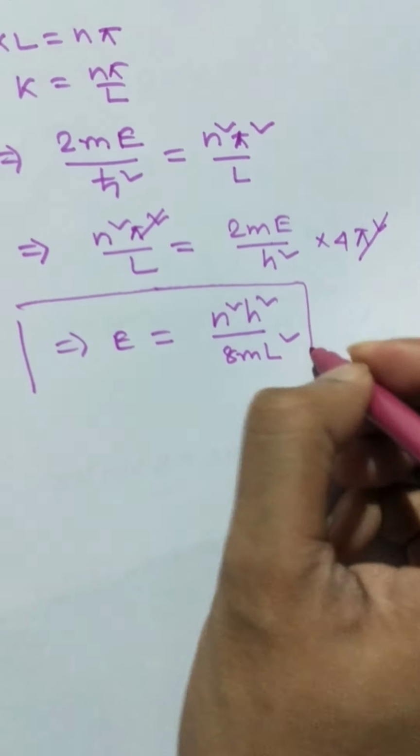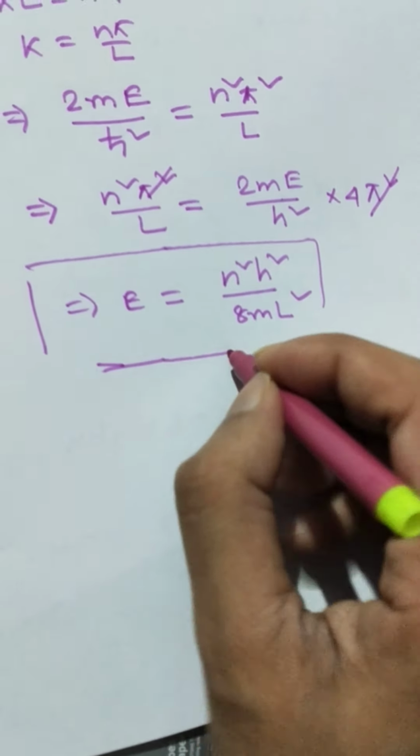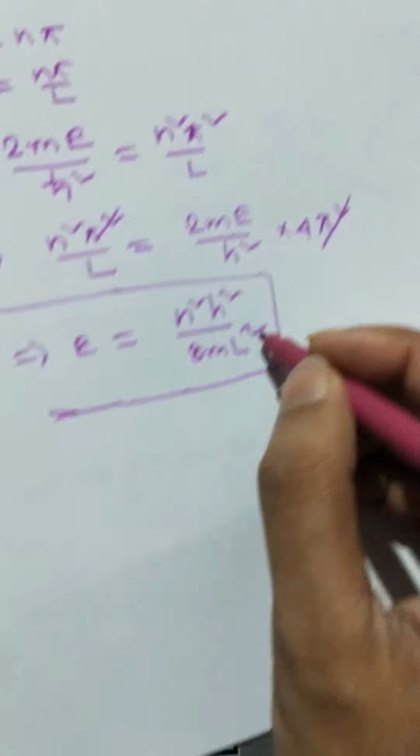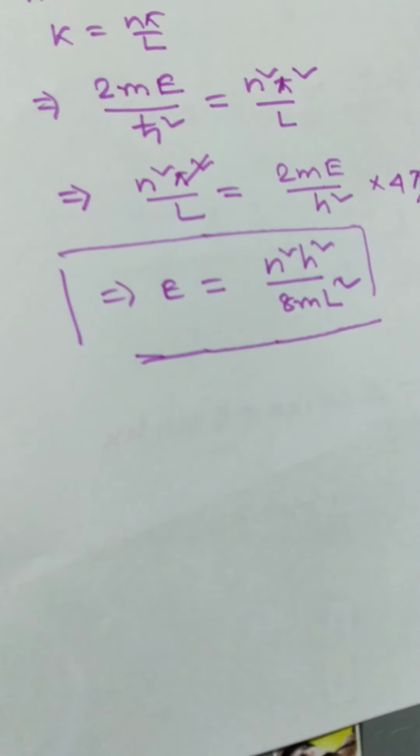This is our equation of energy. So we get the equation of energy inside the box.